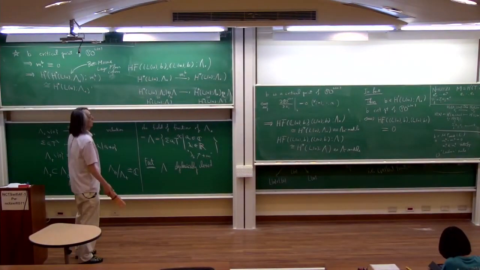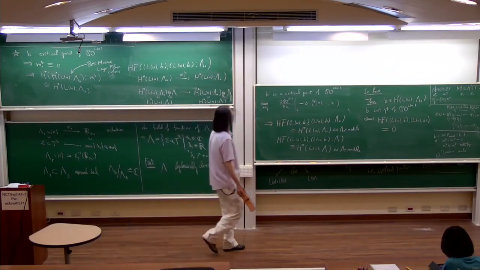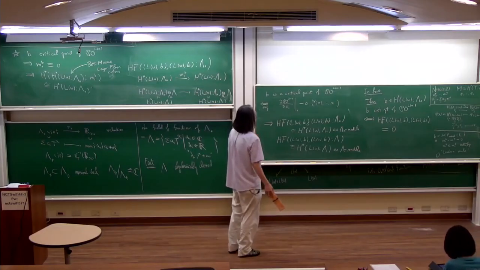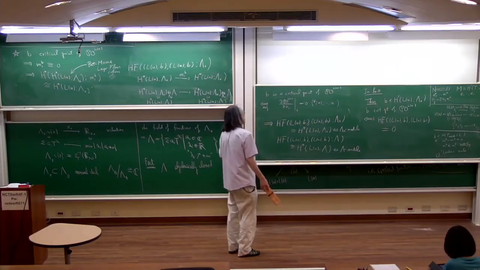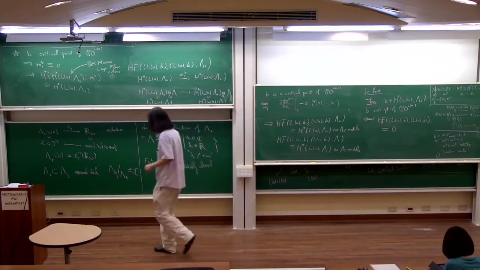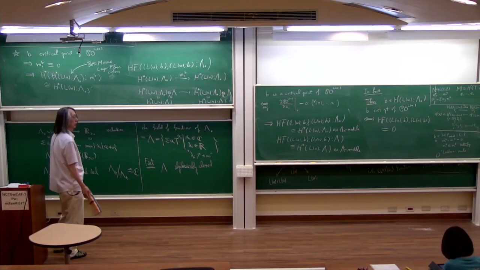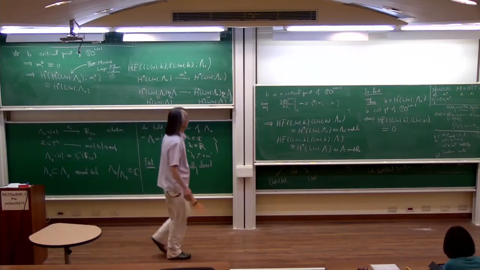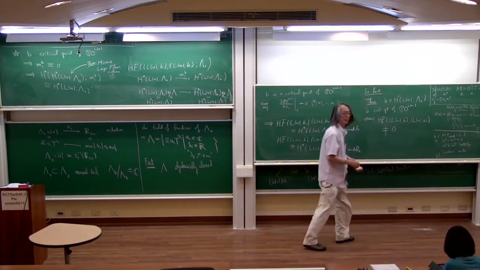So far, I considered the potential function of the torus fiber. And in fact, there is another potential function, the potential function of the toric manifold. But maybe before that, sorry, non-zero.